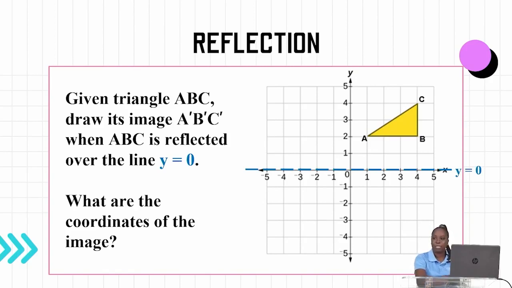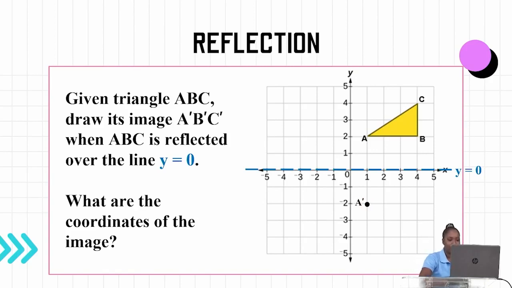We'll have to choose each point and count how many spaces it's located away from the mirror line. So beginning with point A, we count 1, 2. So since A is located 2 spaces away from the mirror line, we would go 2 spaces in the other direction. 1, 2. Therefore, in this position, point A prime would be located.